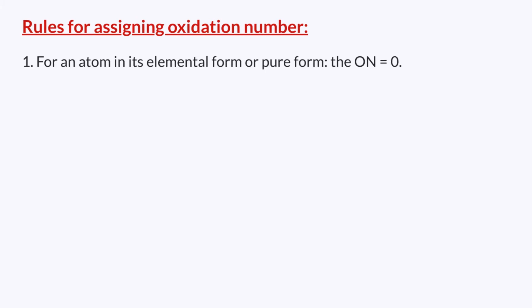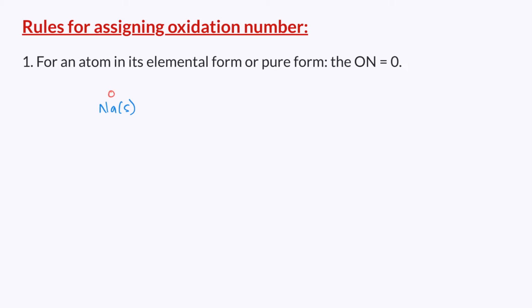The following are the rules to calculate the oxidation number. Rule number 1. For an atom in its elemental form or pure form, the oxidation number is equal to 0. For example, if we take a block of sodium metal, the oxidation number of each sodium atom in that sodium block is equal to 0.